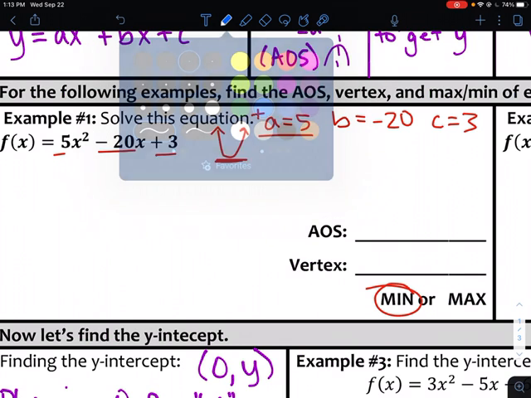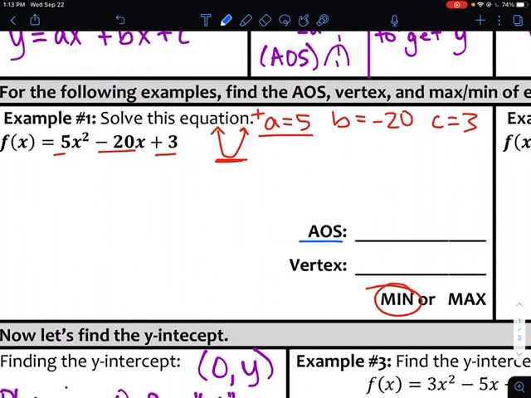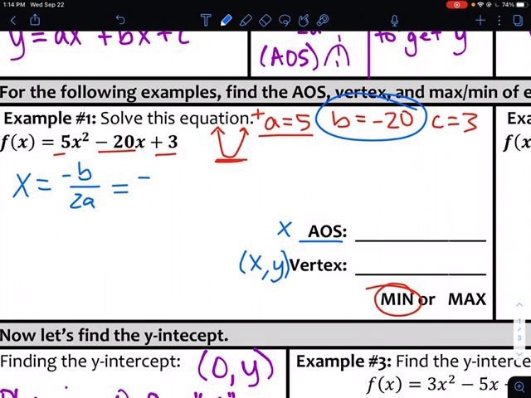All right, now let's move on to the next part. We have to find the axis of symmetry first, which is just the x value. And then we use that x value to find the other half, our xy point. So remember, our equation is x equals opposite of b over 2 times a, or negative b. All right, so I have b right now as a negative 20. So I would have negative negative 20.